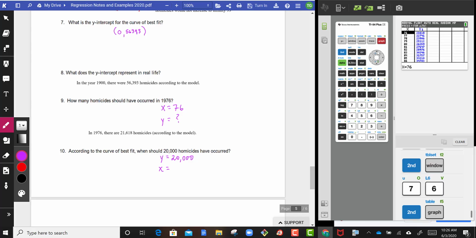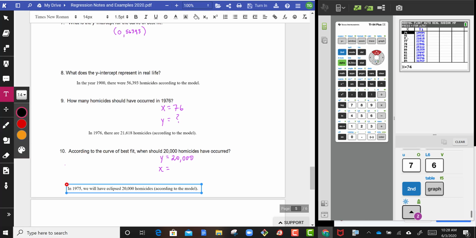So if we just scroll back just a couple of years, really, we will see it looks like not 1974, but 1975, we've eclipsed that 20,000 mark. All right, and it'll be good to know that actually the number of homicides today in 2020 is lower than this number that was represented in 1974.